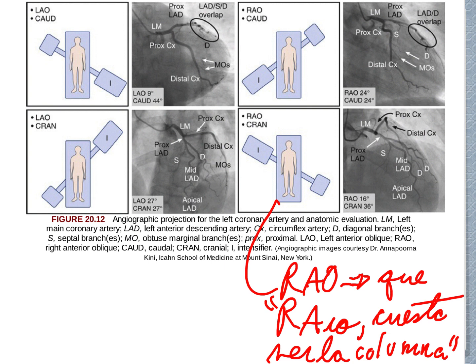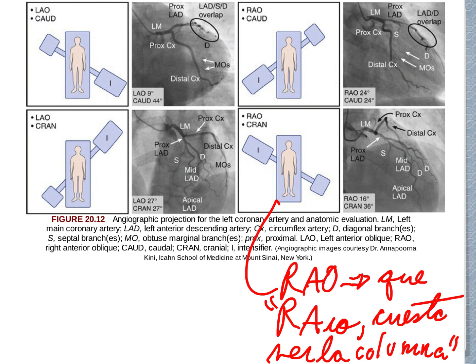This mnemonic, I made it looking for a way to differentiate LAO from RAO. I thought that it's easier to see the spine in the LAO projections in general. Look at the LAO here and look at the spine. You can see it in both caudal and cranial.